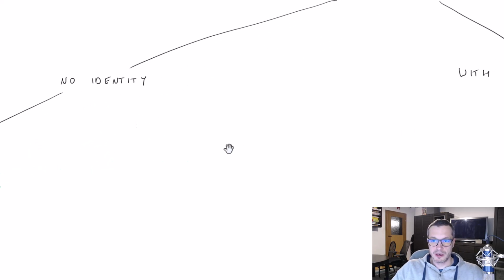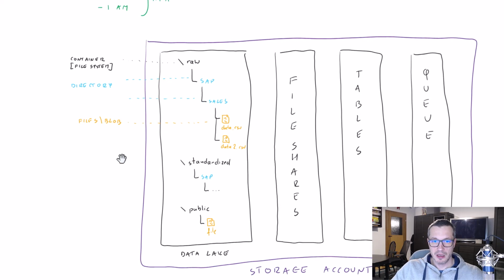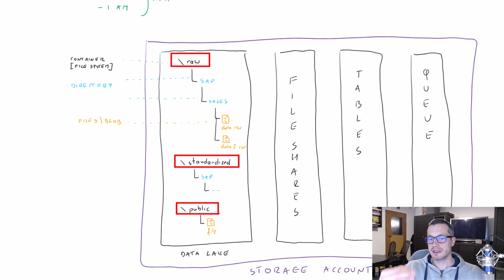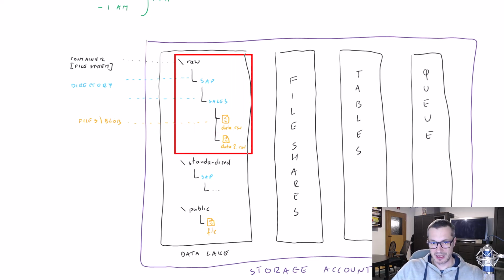And let me quickly recap what we mean by container. Again, container is this top level directory, like in our case raw, standardized, and public. So we can either grant anonymous access to the whole container, like this raw one, and then we'll have access to everything inside it, or not grant access at all.